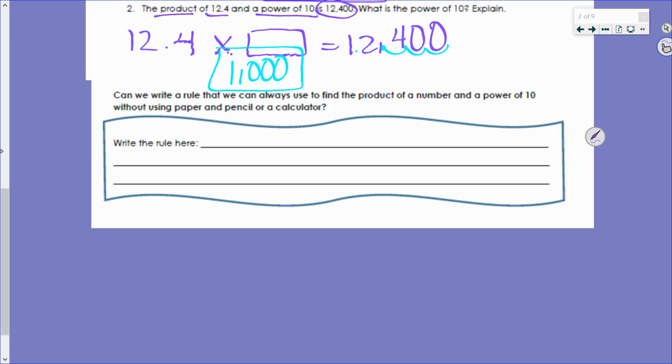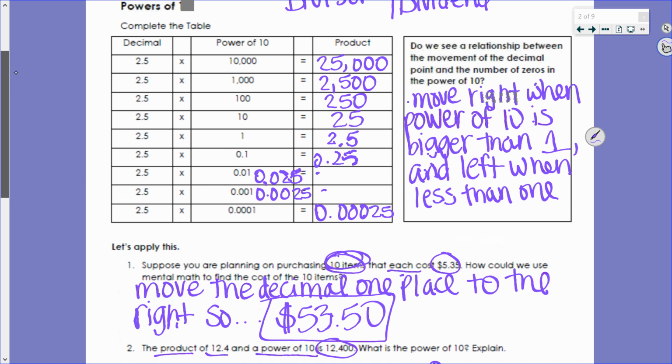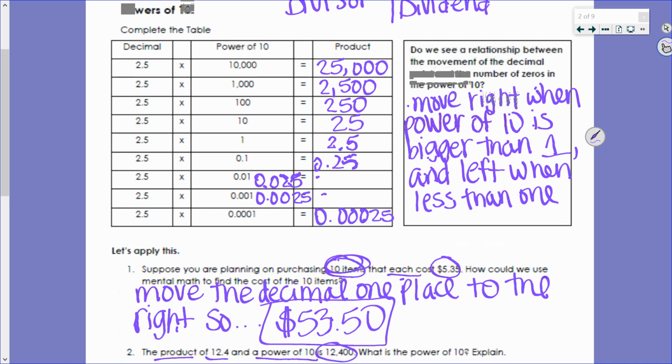Like up here in this table, how many times did I know? How did I make 2.5 into 25,000? How did you know that? Help me. I don't see it. Because it's actually giving you an idea, like it's 10,000 this way, and then at the bottom it's 1, then the zeros.